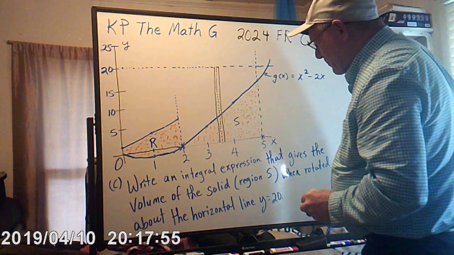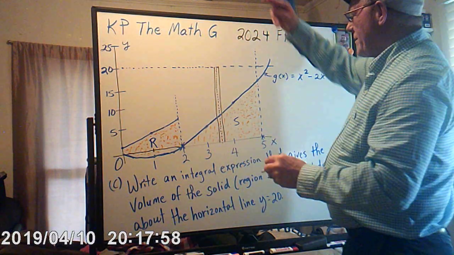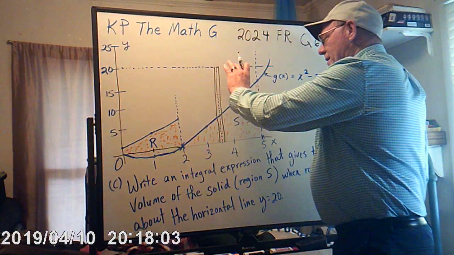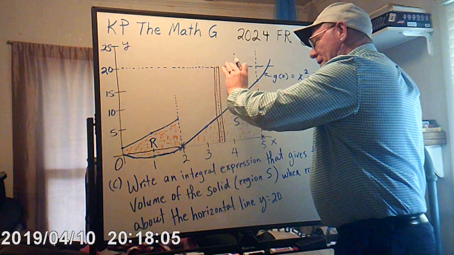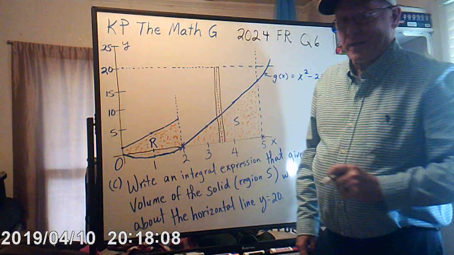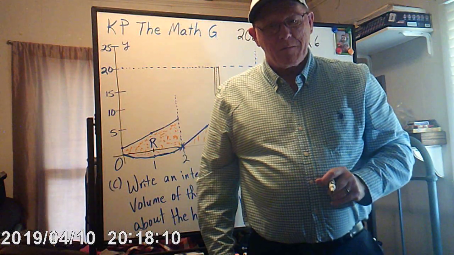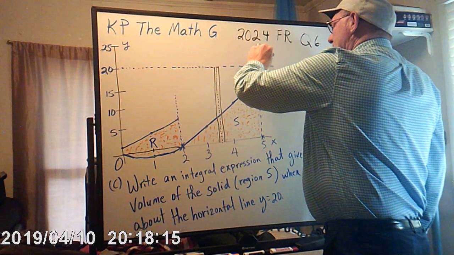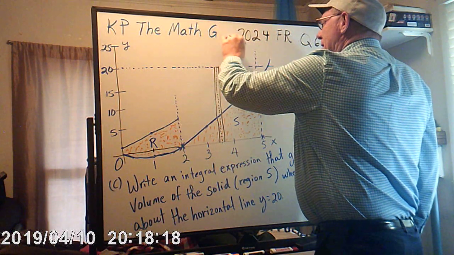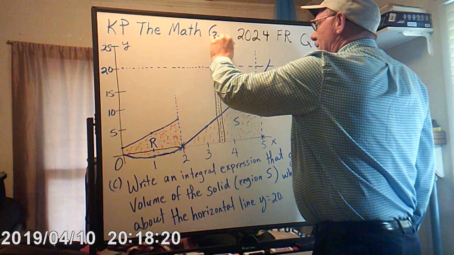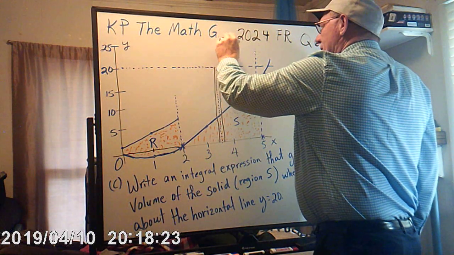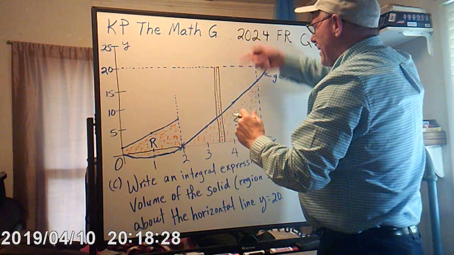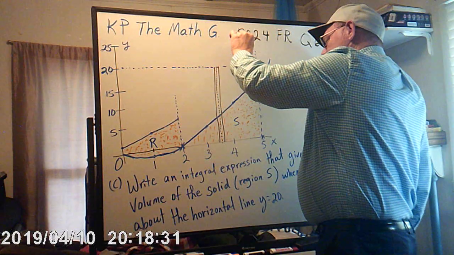Now, if you can picture this going around this way, and certainly if you see an open area like this, this is definitely going to be a washer method. If you can picture this coming over this way and being revolved, I can't go too far up because my board is small, but it's going to leave a hollow circle right here.